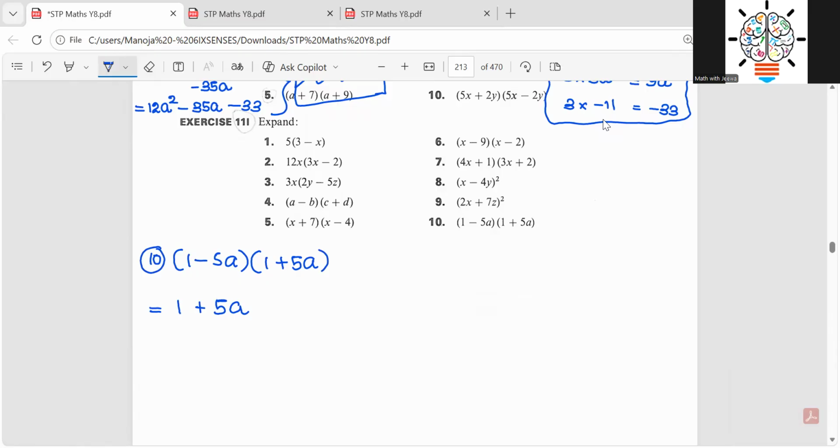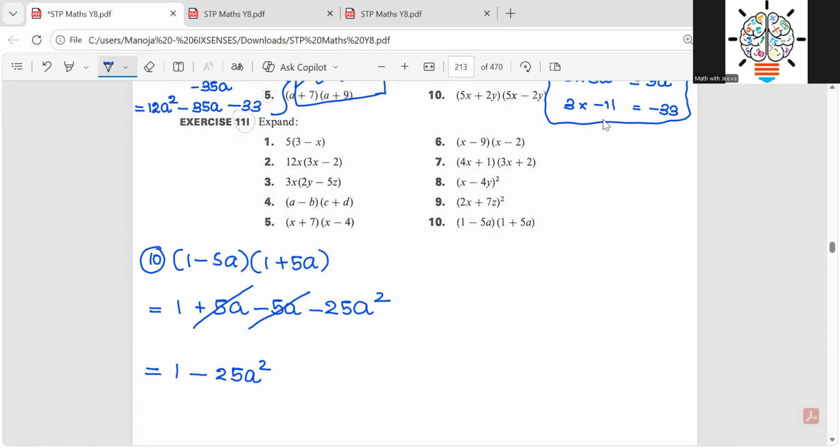Negative 5a times 1, negative 5a. Negative 5a times positive 5a, negative 25 a squared. Now you can see positive 5a and negative 5a cancel. So then you can write 1 minus 25 a squared.